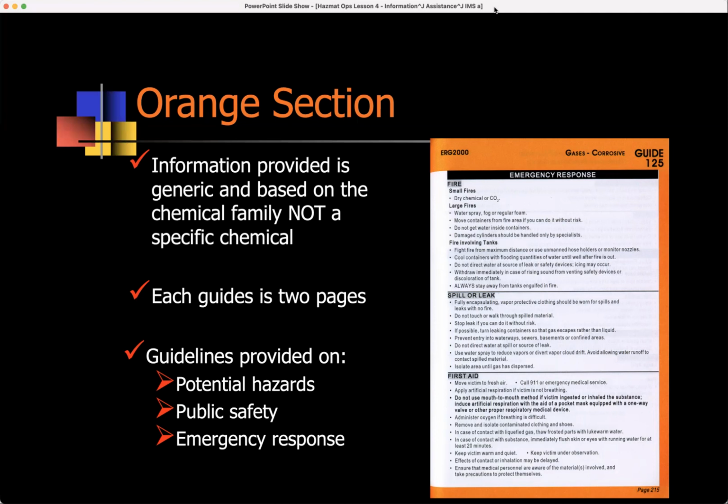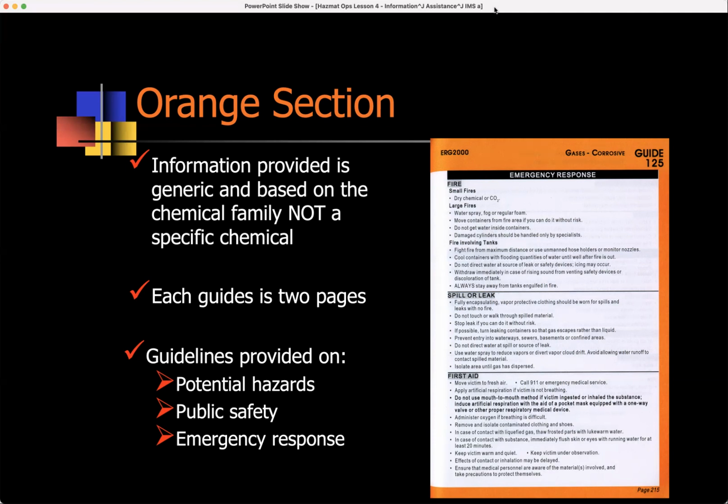So potential hazards, that's going to be the thermal, biological, explosive, mechanical, all those types of harm. Public safety is going to tell you how far away you should make your isolation zone, what your hot zone should be, and emergency response, what you can do to help make this incident better.